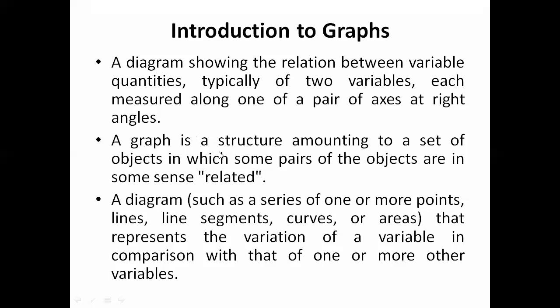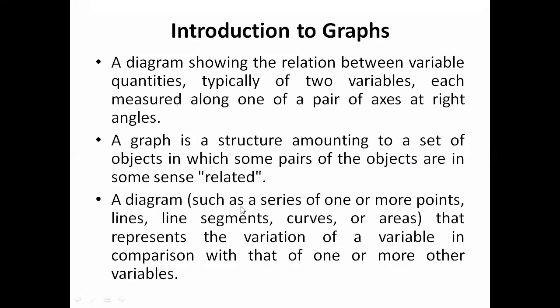A graph is a structure amounting to a set of objects in which some pairs of the objects are in some sense related, right? It may be temperature versus pH, it may be time versus crop, anything. We are going to discuss different examples in the coming slides.